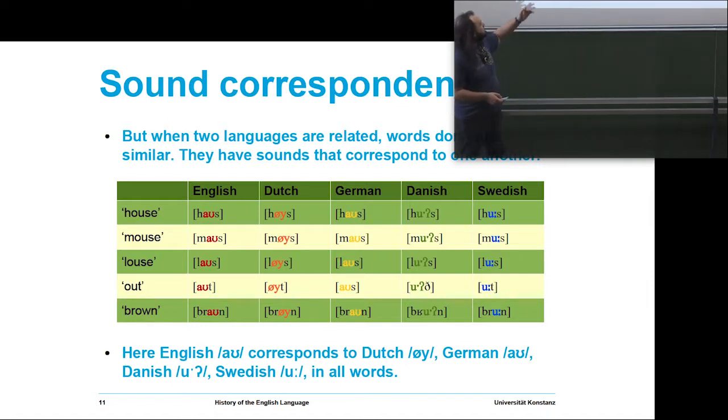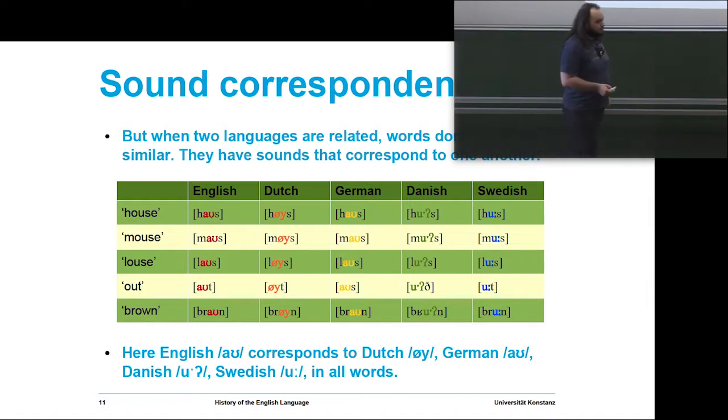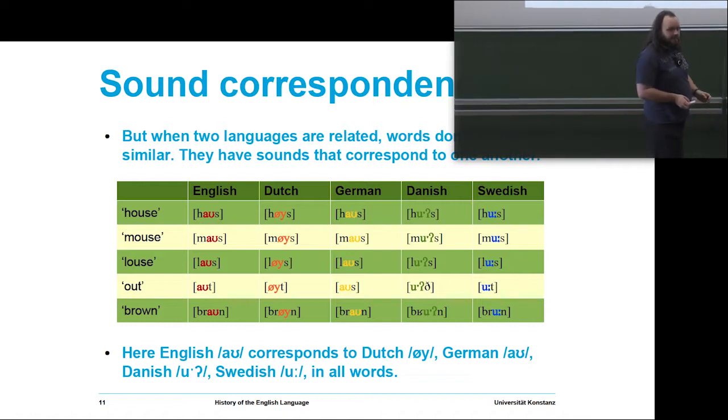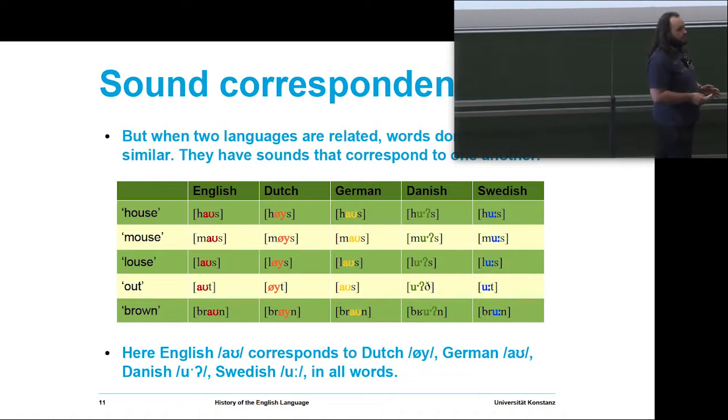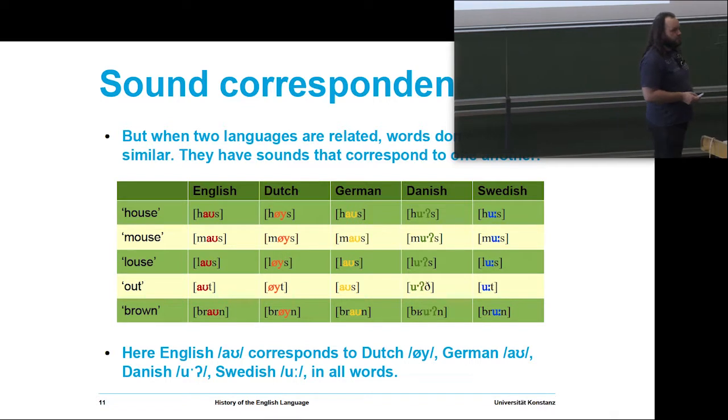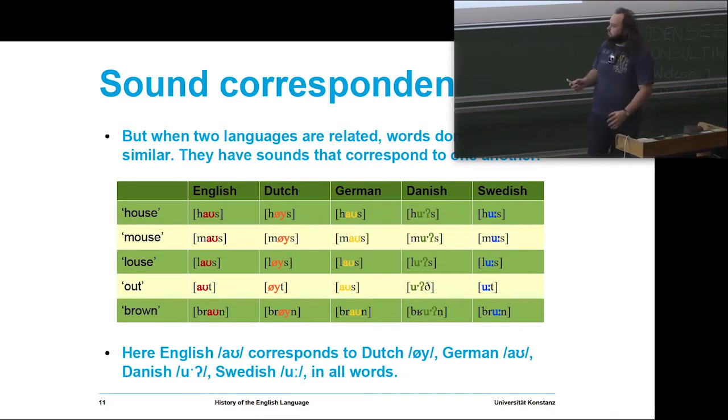So here we've got the similar sounds for exactly the same reason. A sound change happened that affected all of the words that had this sound. And in Old English, which we're going to talk about in detail next week, we don't see this au, instead we see a u as in Swedish. Same in Old High German.